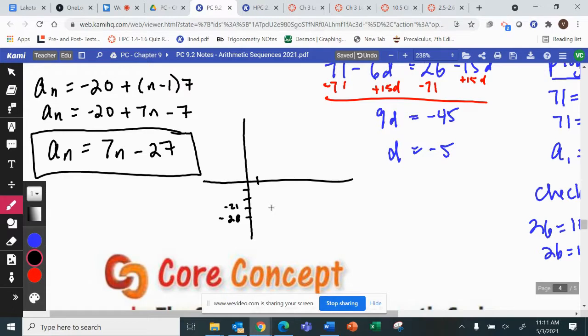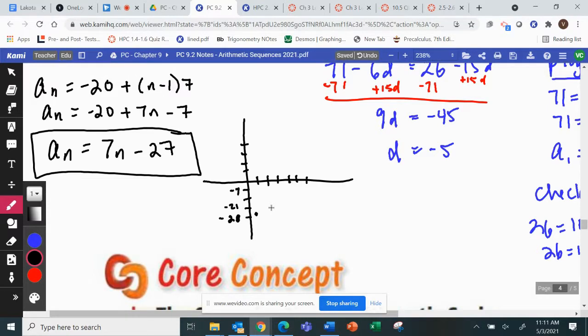I'm going to count by 7s on my y-axis. At 1, it's negative 27. Now I just have to add 7 each time for 2, 3, 4, 5, 6.